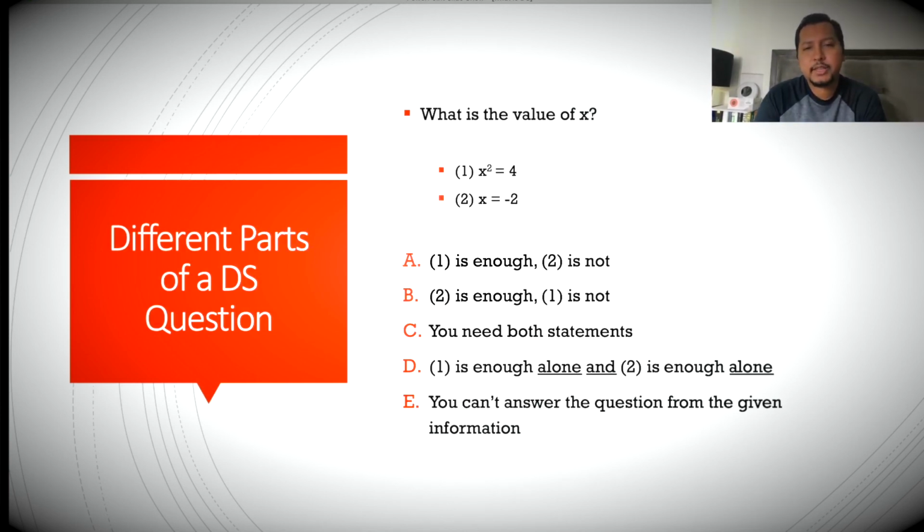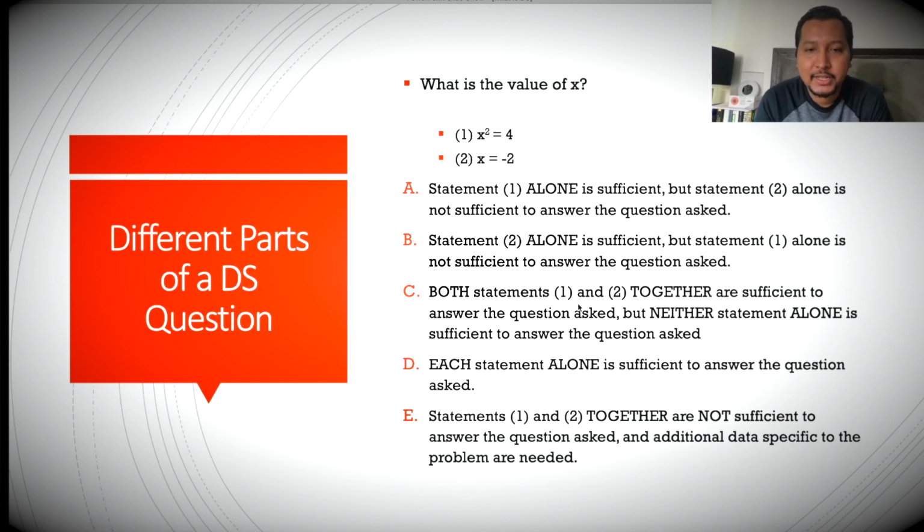This is a good piece of information, and it gives us the value of x. So statement 2 alone is sufficient, but statement 1 alone is not sufficient to answer the question asked. So for this question, we will choose answer choice B.